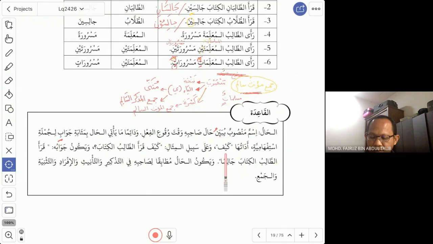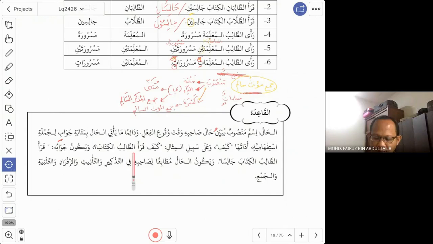So when they ask kaifa, you can use hal to explain the reason or to give the answer. For example, wa ala sabilil misal, meaning by way of example. The question: Kaifa qara'at talibul kitab?